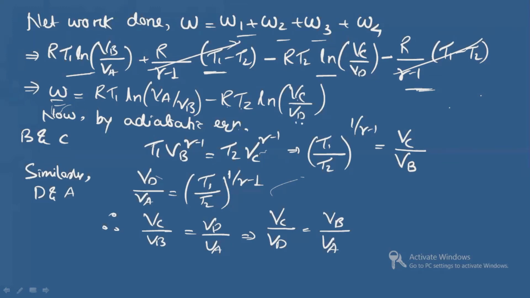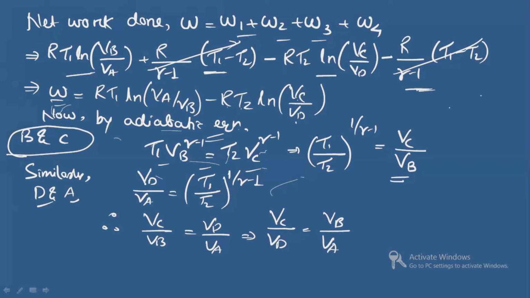Now you see here, for the adiabatic process, you can write (T1 by T2) whole to the power 1 by gamma minus 1 equals Vc by Vb.